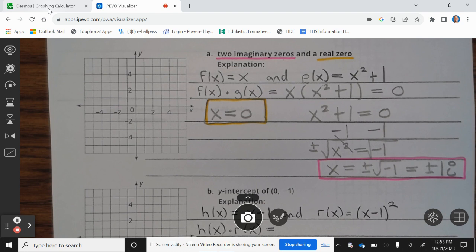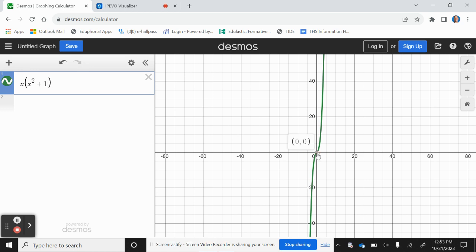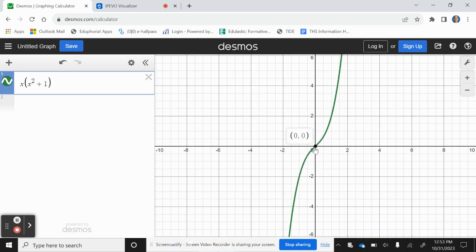All right, let's go to Desmos to sketch our graph. So we have x times x squared plus 1. And really, we want to try to find points. And let me go to the home screen. And let's see if we can find a good point.